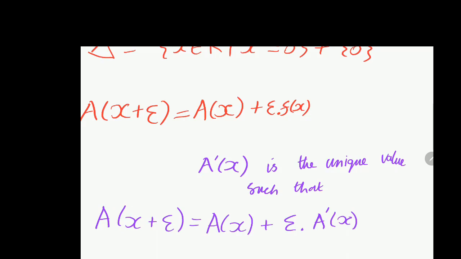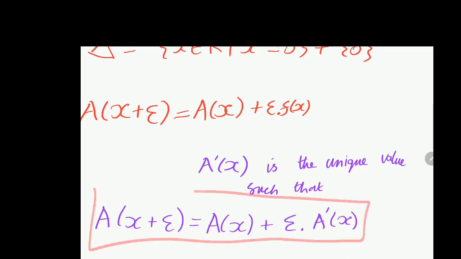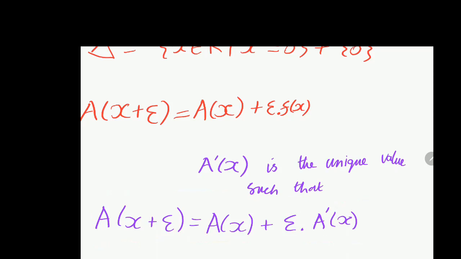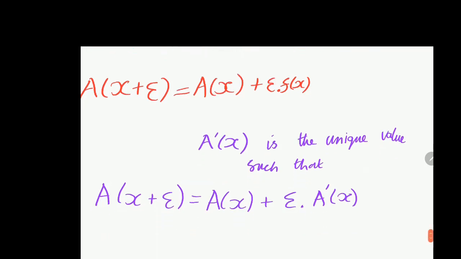Okay, this is just from our definition of a derivative. And so if you think about it, that then implies that the rate of change of our area is equal to f of x.